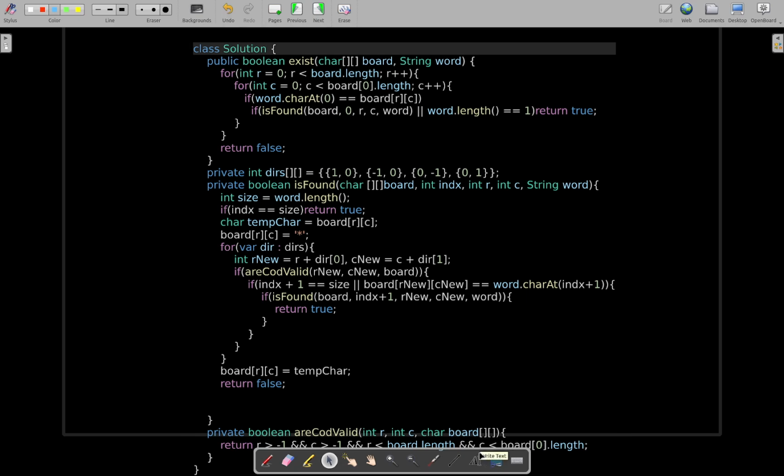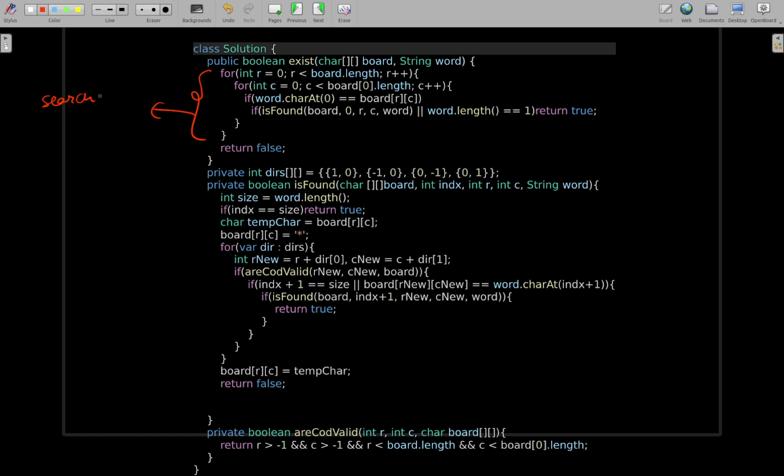So let's remove this toolbar. Okay, so let's discuss how things are going in this particular code. So what we are doing here is, firstly we are matching the very first character of the string, searching for only those branches whose first character is matching with the first character of the word.